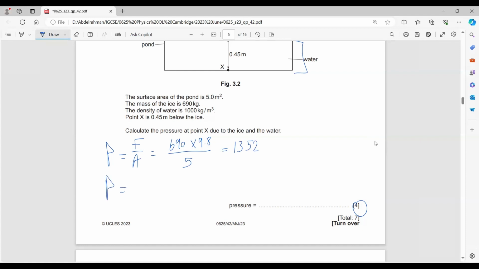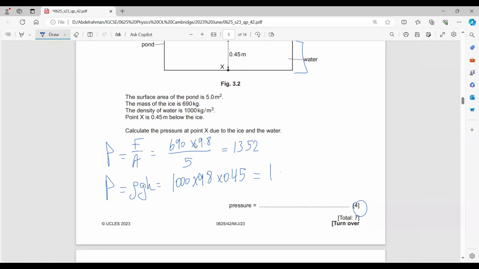What about the pressure due to the water? Pressure equals rho g h. 1,000 times 9.8 times the depth below the water, 0.45. 4410. What was your question? I was going to say that the pressure for the ice was 0.4.